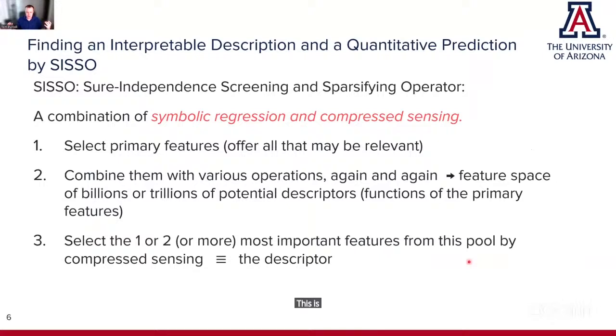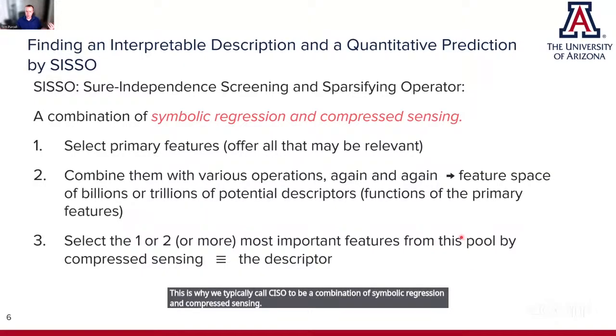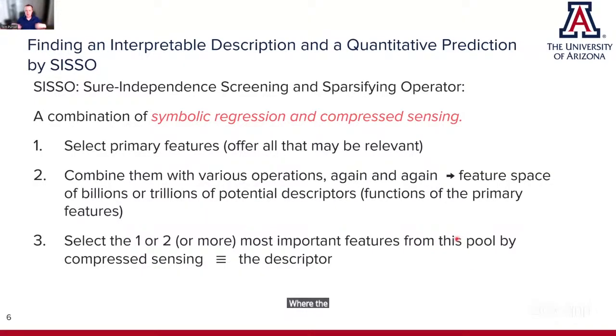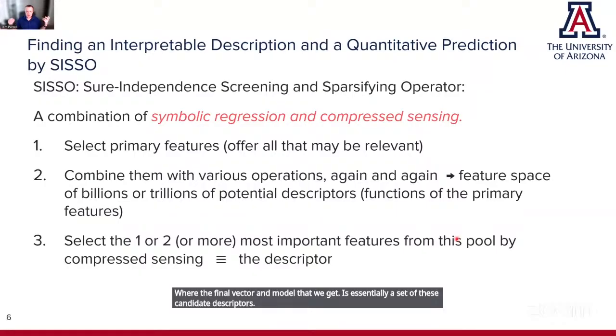This is why we typically call SISSO a combination of symbolic regression and compressed sensing, where the final vector and model that we get is essentially a set of these candidate descriptors merged together in some type of linear model.